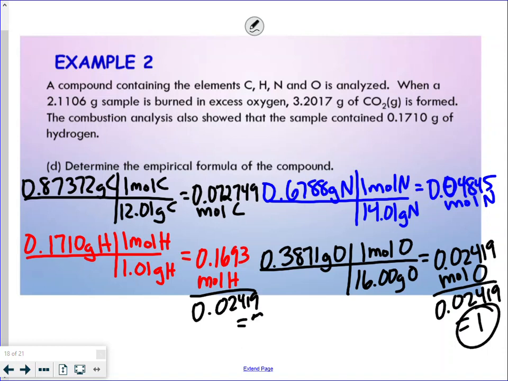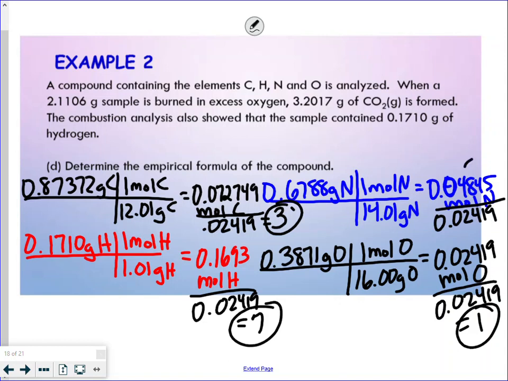Hydrogen ended up being a 7. Did you get a 7 for hydrogen? Divide this one. This one ends up being around a 3. And this last one over here, that one ends up being a 2, right?